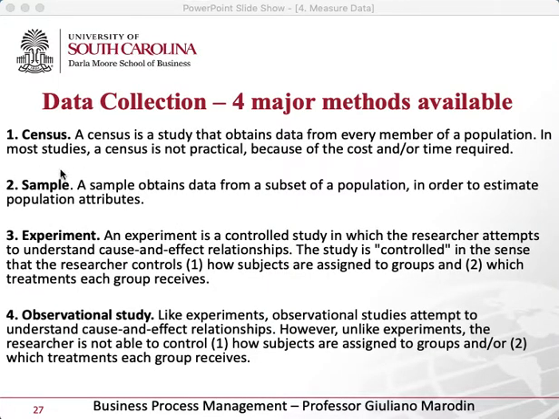Then you have sampling, which is extracting just a part of the data. You have a population where you don't know the mean or the parameters, and you extract a sample and use sampling statistics, which is most of the statistics you guys learn about, to infer something about the population, to make conclusions about the population.